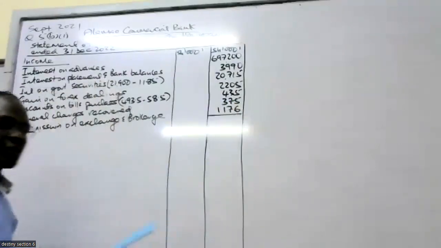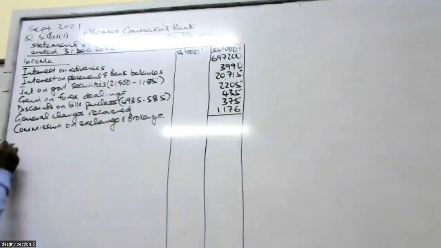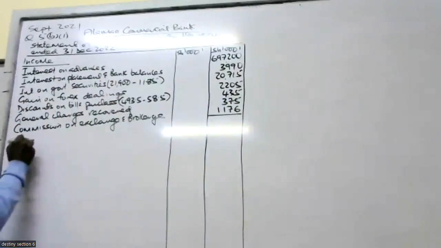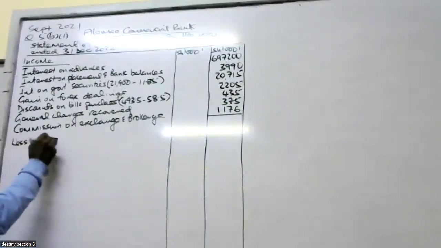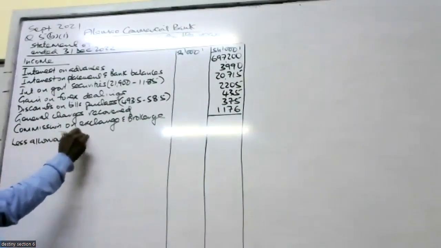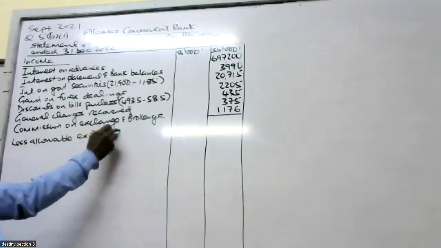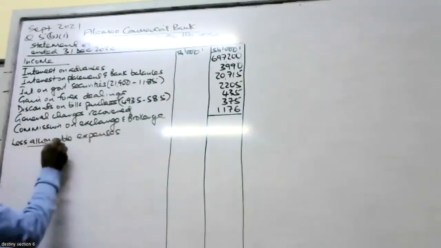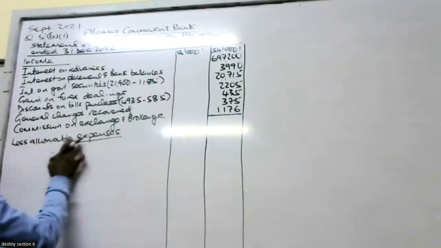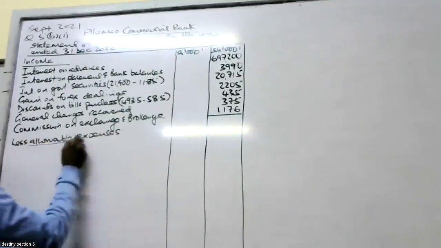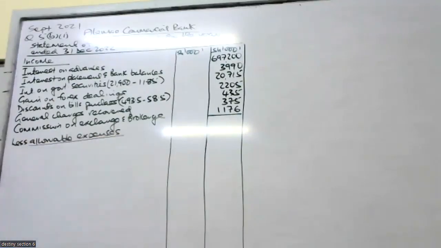So that will give us total income. Then we look for allowable expenses. We only deduct the allowable expenses.